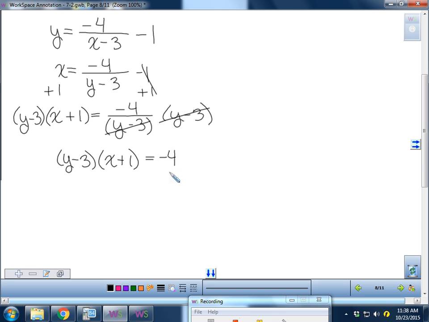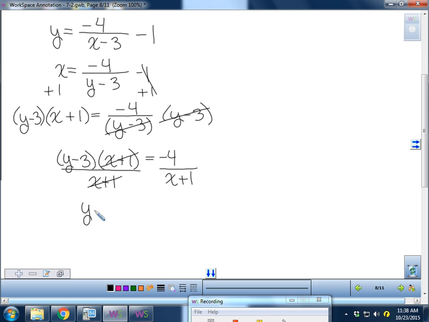Now, pay attention to me here. This is what I'm solving for. Everything else over here needs to go away at some point. So since all of this is being multiplied by the x plus 1, I'm going to divide by the x plus 1 on both sides. So now these cancel.